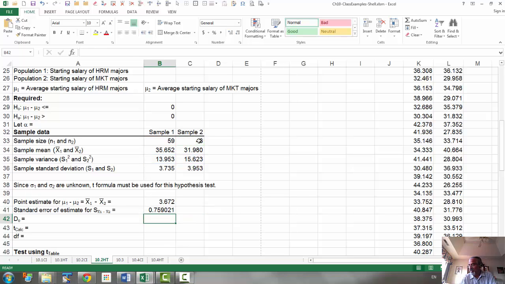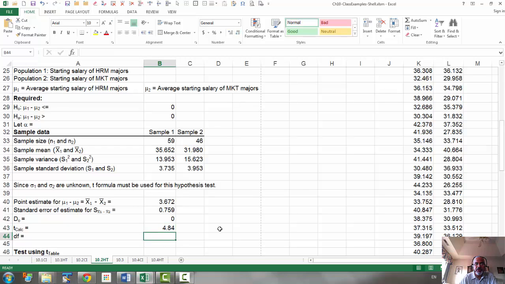That will give us the standard error. The hypothesized value for the difference is 0. So T calc is the point estimate minus D sub 0 divided by the standard error.